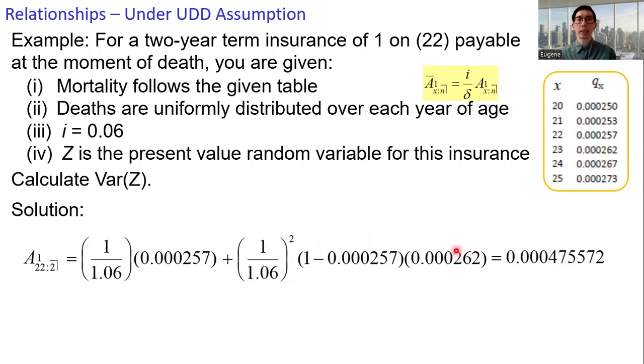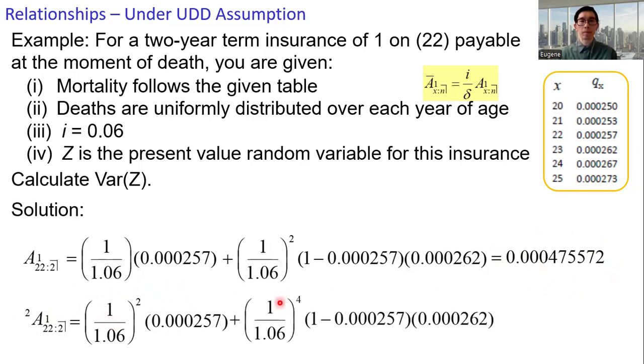Upon calculation, we get the expected present value. The second moment, similar expression, except that we have the square of the present value. And then we get the second moment.